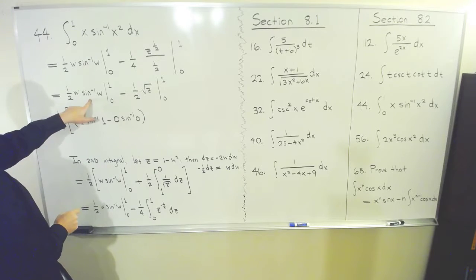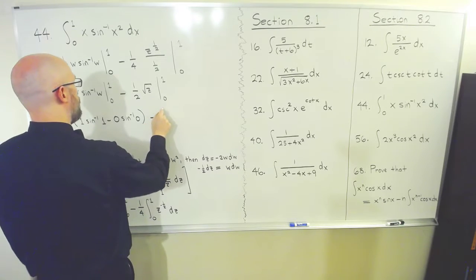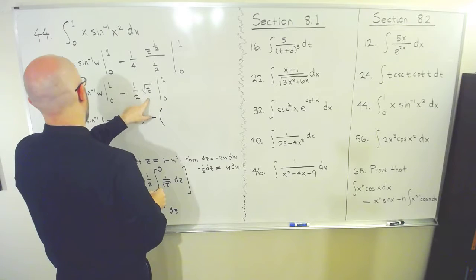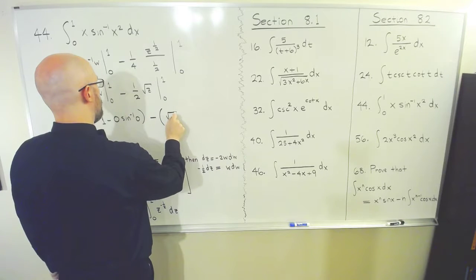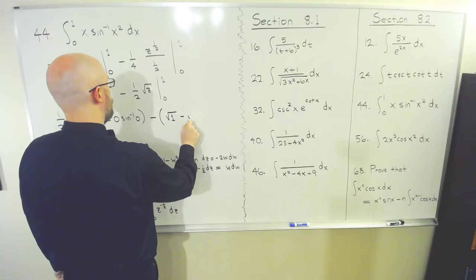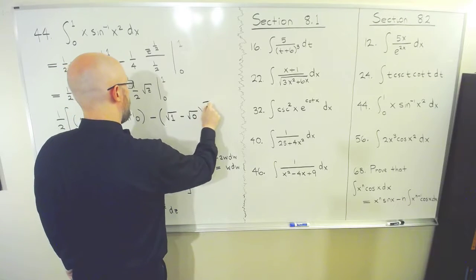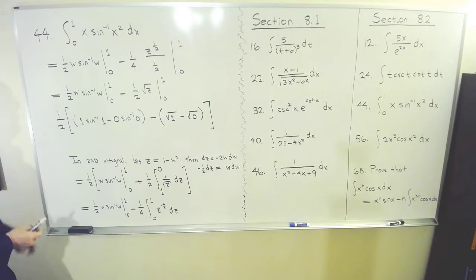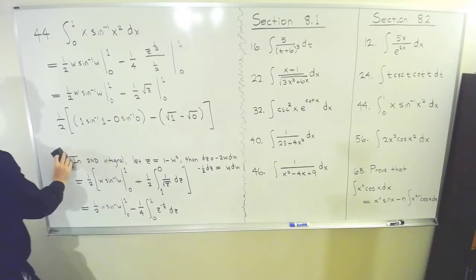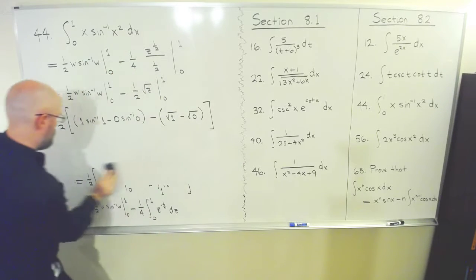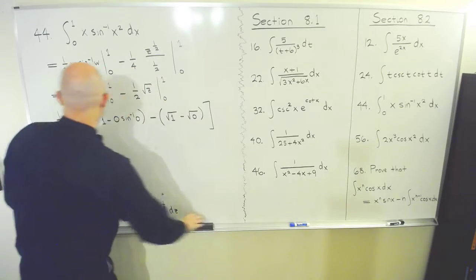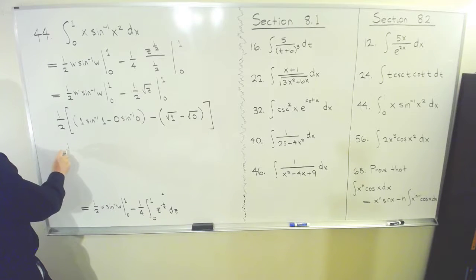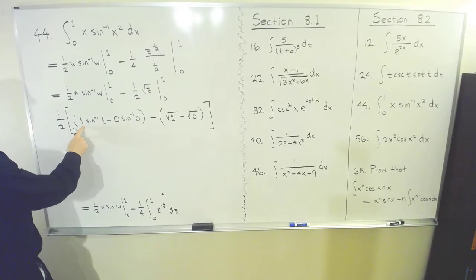That's this part here. And then I'm going to have a minus square root of 1 minus square root of 0. And then now I can just simplify that. So this will give me a 1/2. The 1 doesn't do anything.